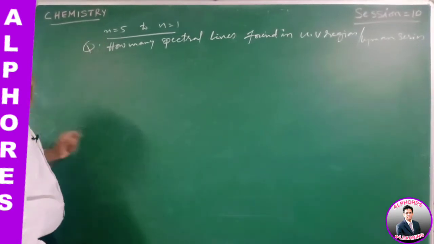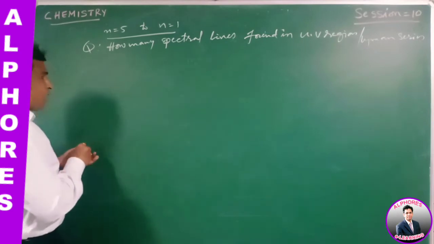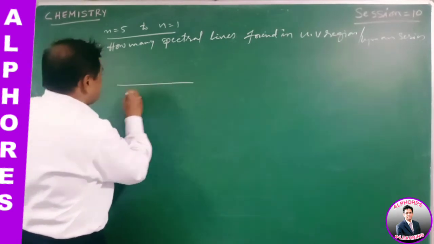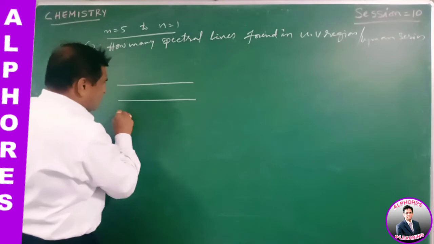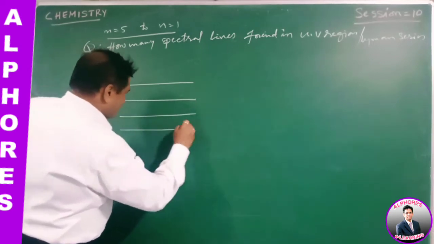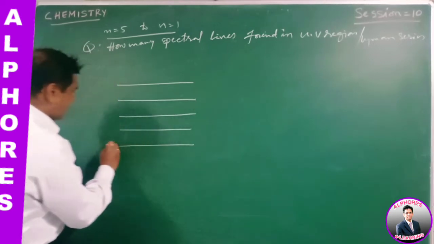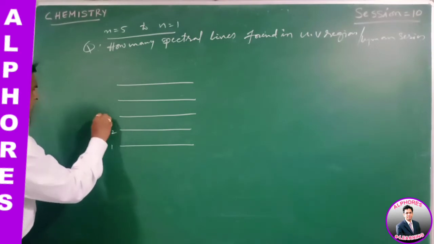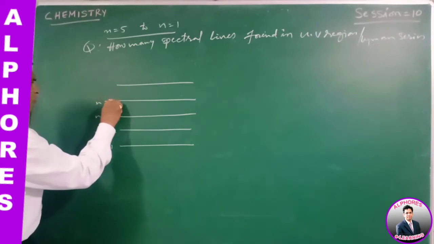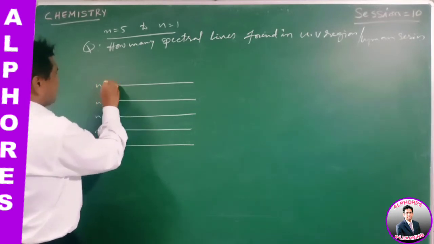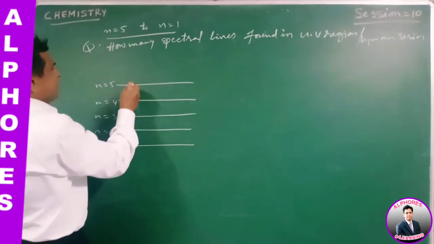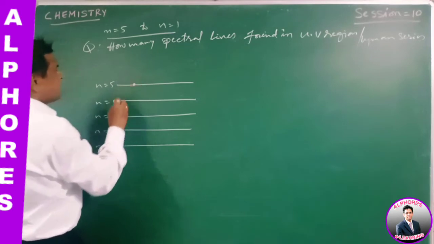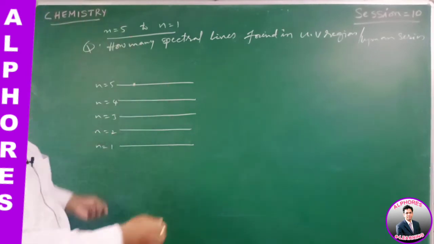Now the concept explanation of this, because the electrons are coming from 5th orbit to 1st orbit. Okay, we have 5 orbits: n equals 1, n equals 2, n equals 3, n equals 4, and n equals 5. Now the electron is present at 5th energy level because the electron is excited to 5th orbit.